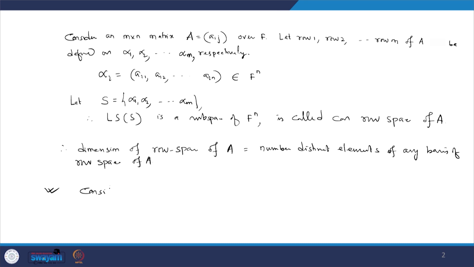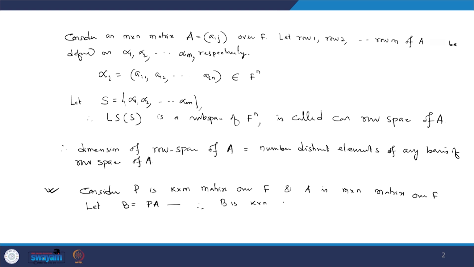So, consider P is a k cross m matrix over, say, capital F, and A is an m cross n matrix over, say, capital F. Let B equal P into A. So, B is a k cross n matrix, because P is k cross m and A is m cross n.